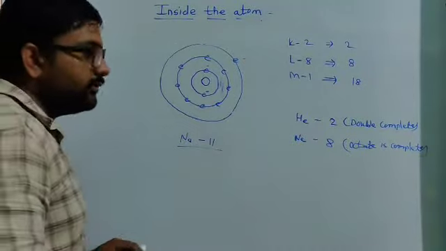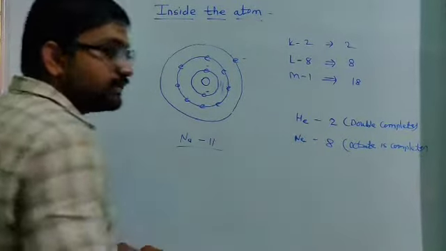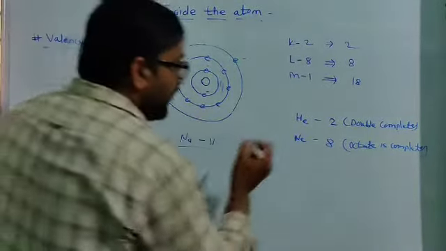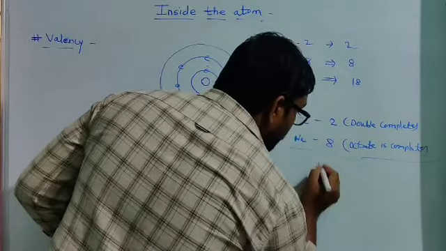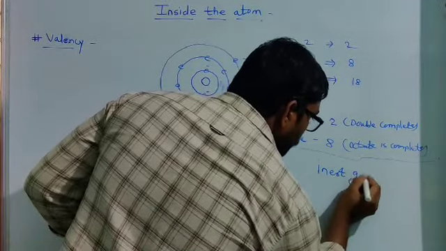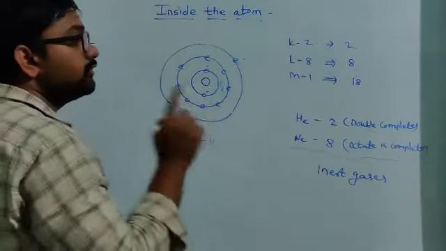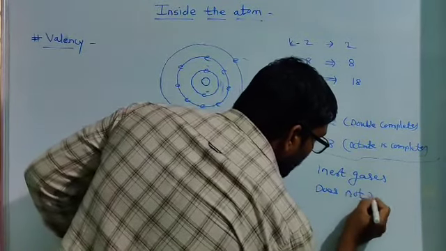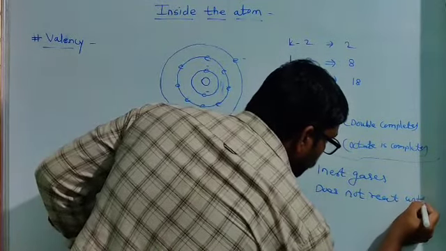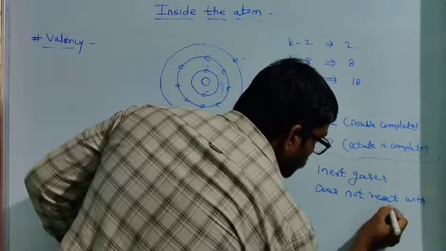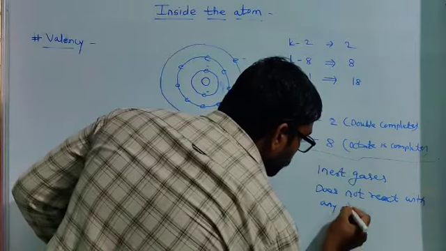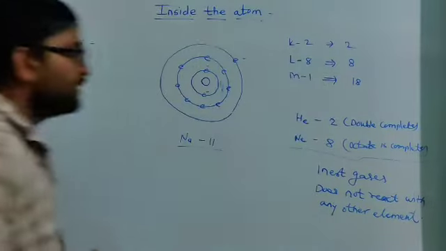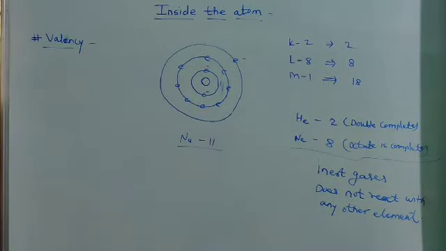In the neon atom 8 electrons are there in the outermost shell, the L shell, so it is fulfilled. So that is why these gases are inert gases. They are also called inert gases. They do not react with any other element.